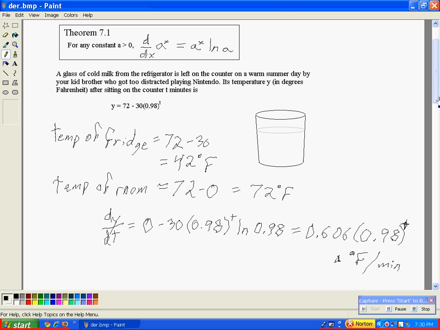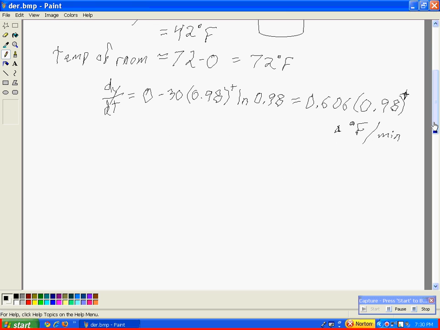So now we can look at it and say, well, suppose we put a huge number for t. Now, let's start with a small number. If we start with 0.606 times 0.98 to the 10 minutes, let's try 10 minutes. It turns out that with t equals 10 minutes, we get a number of about 0.5 degrees Fahrenheit per minute.